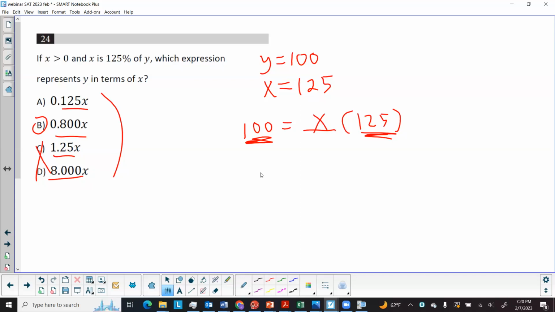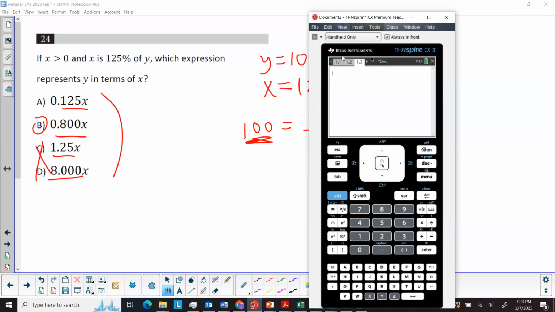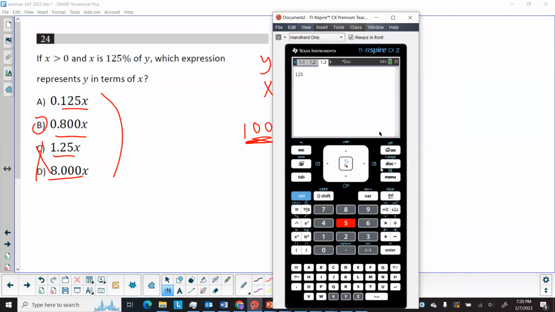Also, sometimes, Tom, is there a way to type in percent in your calculator? Sometimes students want to type in percent, they don't know how to convert it. I was looking for that, and I don't think so. Let's see, is it on the Inspire? If I wanted to say 125 and percent, I'm guessing it'd be in the book. If you hit Control Catalog, there is probably a percent on there.